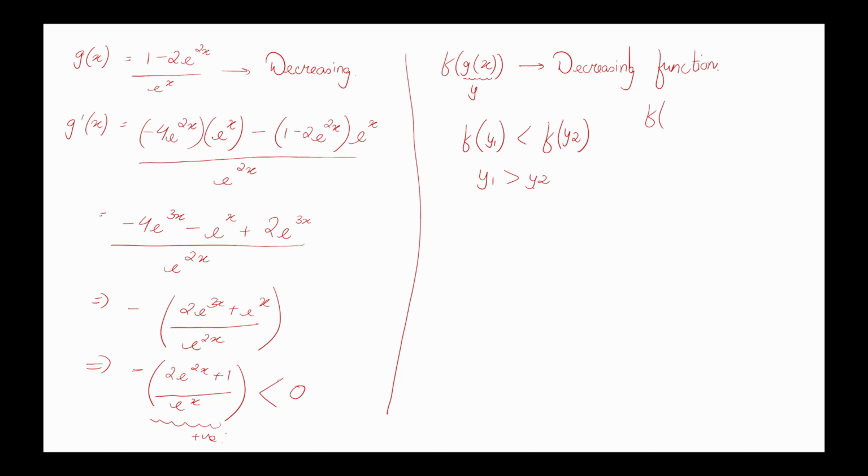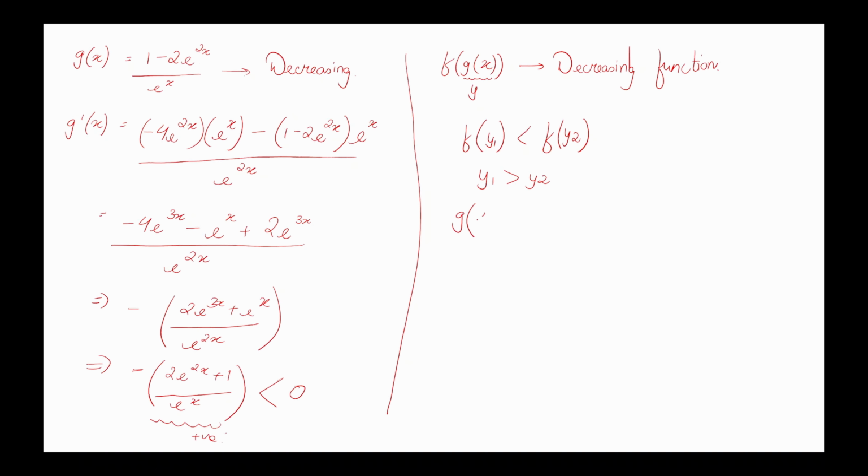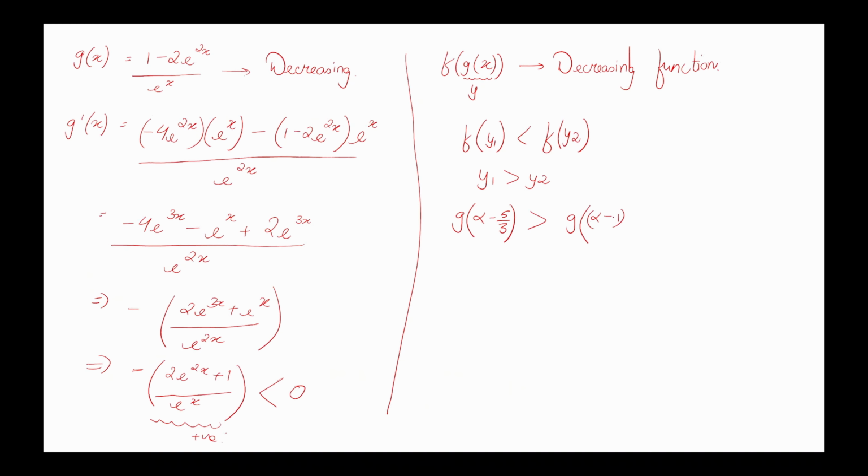That means my y1 should be greater than y2, right? So what had we assumed our y1 to be? g of alpha minus 5 by 3. And what is my y2? My y2 is basically g of alpha minus 1 whole square upon 3.